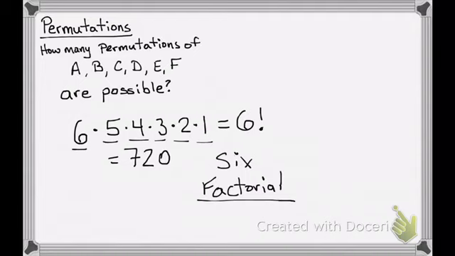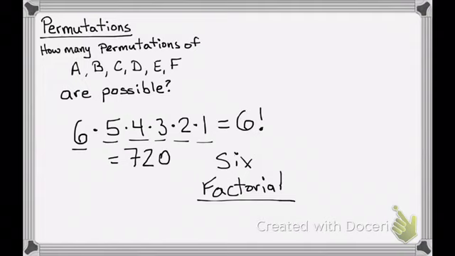You don't want to go to 0 because then the product would be 0, and every permutation would be 0, and that's not right. So if I had, say, 10 factorial, that would be 10 times 9 times 8 times 7 times 6 times 5 times 4 times 3 times 2 times 1. That's the idea of a factorial.